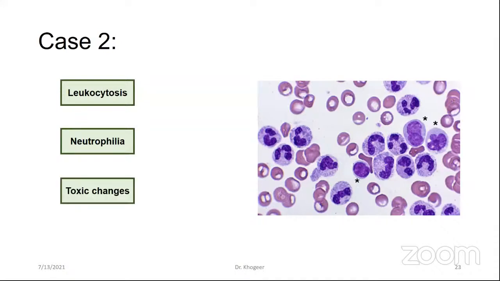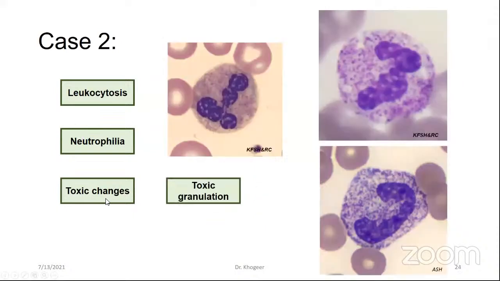Leukocytosis, as we said, is characterized by increased neutrophils, of which many show toxic changes. The toxic changes include toxic granulation, which means the granulation is more prominent than what is typically observed or seen in the normal neutrophil.